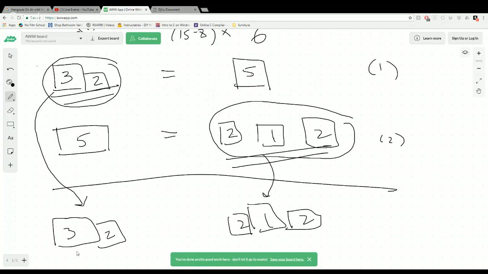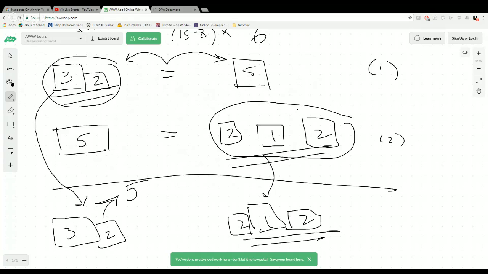So I see this group of weights, 3 and 2, and I look at my equality, and I say this whole expression, 3 plus 2, that's on the left side of this equal sign, is exactly the same as the expression on the right side of that equal sign, and that's a 5. So this whole thing can just be rewritten as 5. And I look at this expression here on the right side of my new scale.